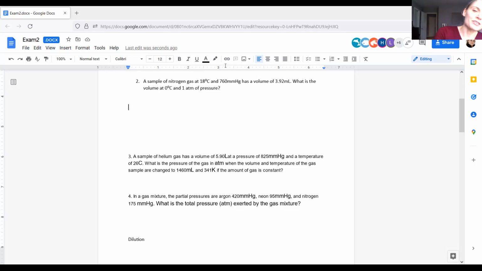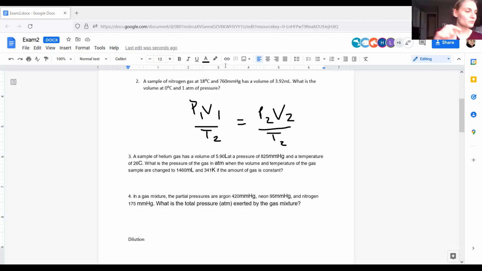This is a tricky question, but I like this one. What's the constant here? They don't directly say it, but what's our constant? Pressure, very good. So 1 atm is 760 millimeters of mercury, so we can just get rid of that.